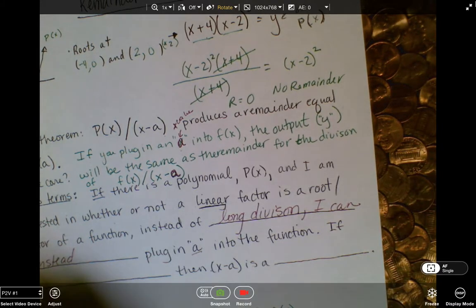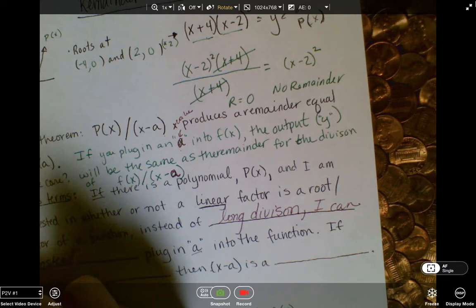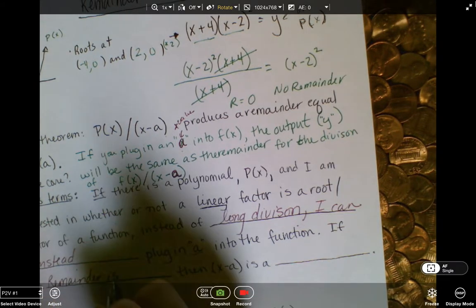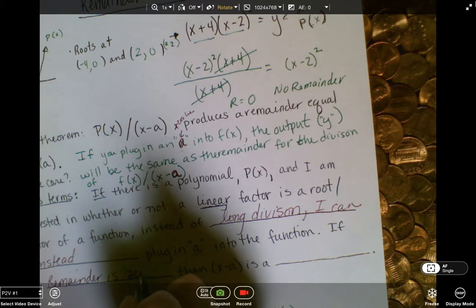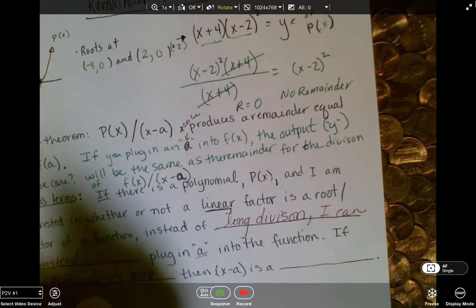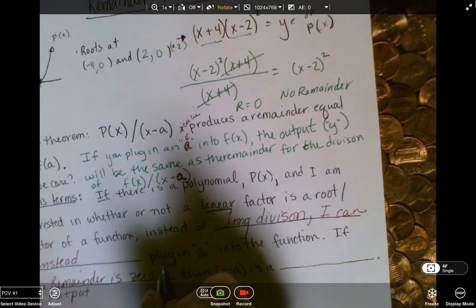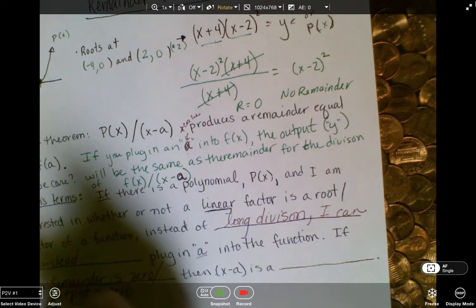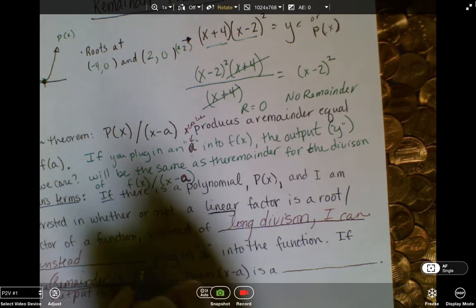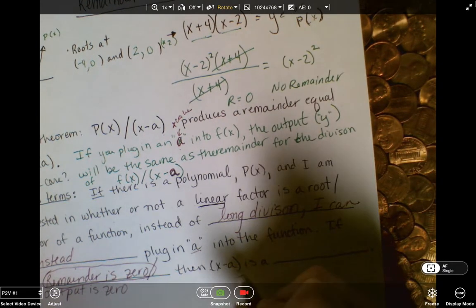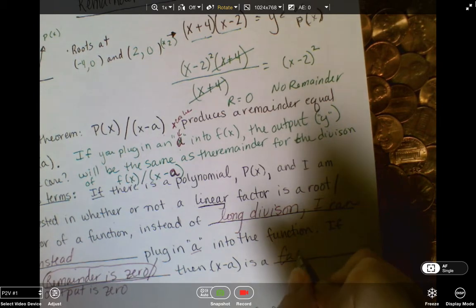If the remainder is 0, which is the same as if the output is 0, this output of 0 means that if I had divided it, I would have got a remainder of 0. Then x minus a is a factor.